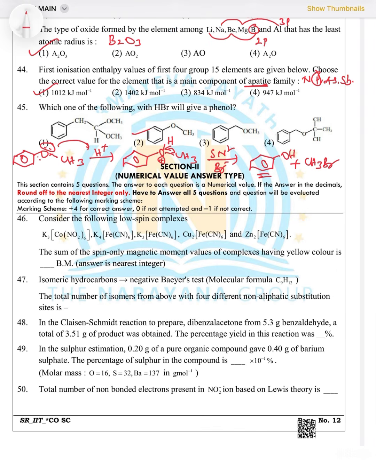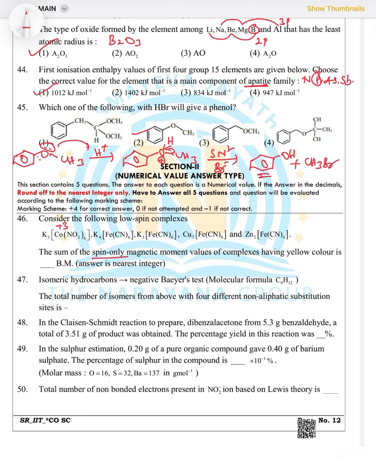Consider the following low spin complexes: K3[Co(NO2)6], K4[Fe(CN)6], K3[Fe(CN)6], Cu2[Fe(CN)6] and Zn2[Fe(CN)6]. The sum of the spin-only magnetic moment values of complexes having yellow color is dash Bohr magnetons. So for the yellow colored complexes, in the first compound the oxidation state of cobalt is +3.